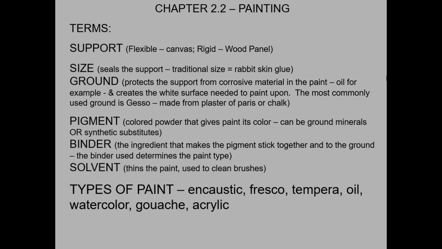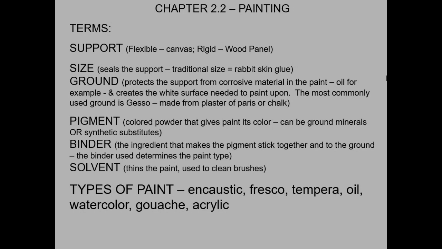Regardless of whether we're using a flexible or rigid support, though, we do want to protect the support itself from any negative effect from the paint. If you're painting in oil, for instance, we don't want the oil to seep into the canvas and cause the canvas to decay. So we seal the surface that we're painting on, and that's the term that we're looking at next, the term size.